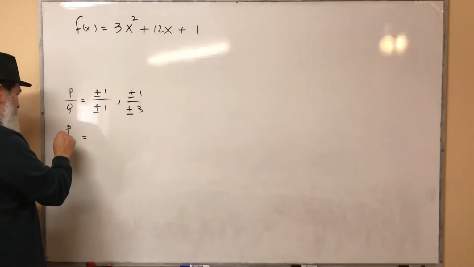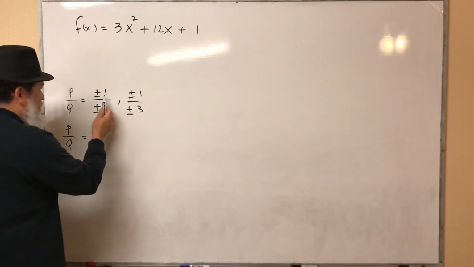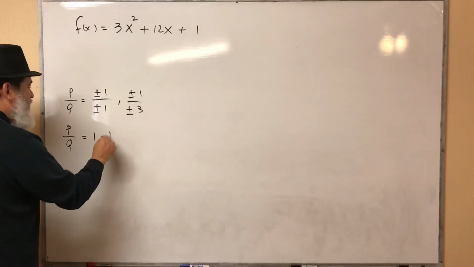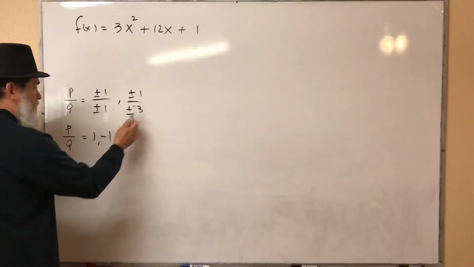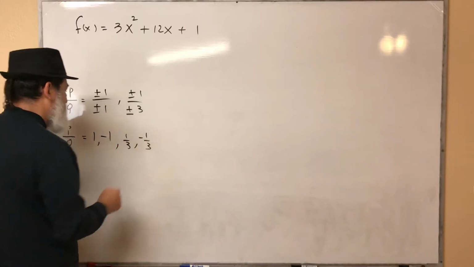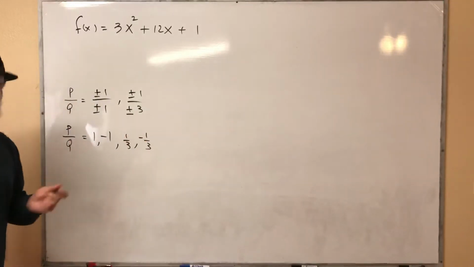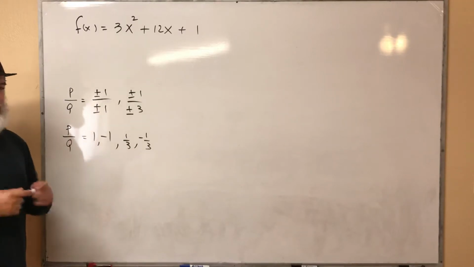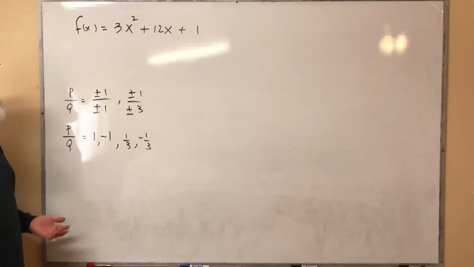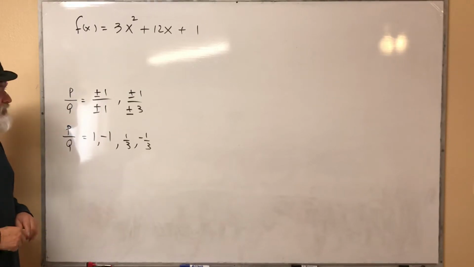So p divided by q: plus minus 1, it could be 1, could be negative 1, 1/3, negative 1/3. These are the possible zeros. We don't know if we don't try them. Let's try.